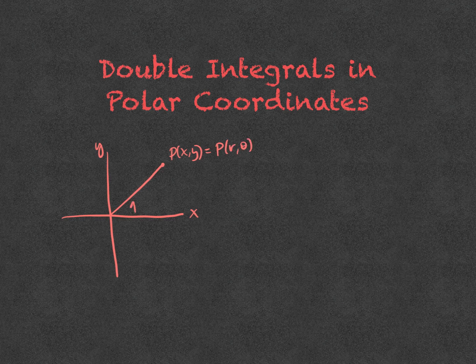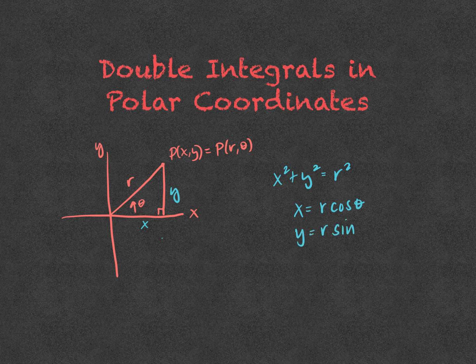So this is theta, this would be r, here is your normal x, and here is your y. We know that x squared plus y squared equals r squared. That comes from a circle, and it works in polar coordinates as well. And two notes to make: x equals r cosine theta, and y equals r sine theta.